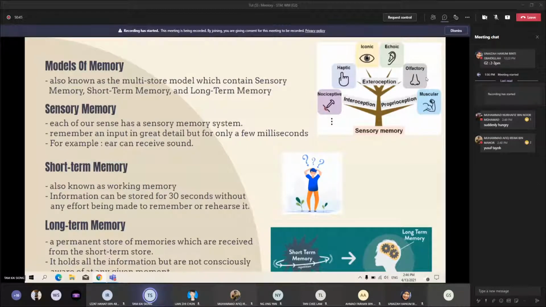The difference between short-term memory and long-term memory is that after many years of decay, short-term memory will be forgotten, while the long-term memory will still be there. We can rehearse it and we can remember it.